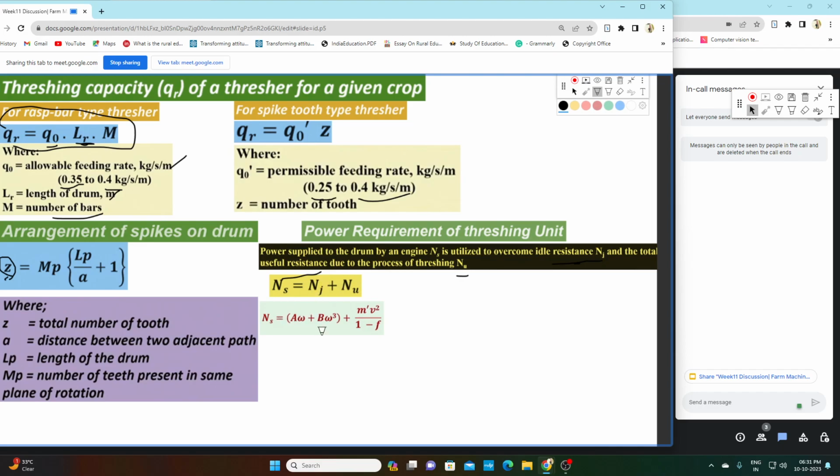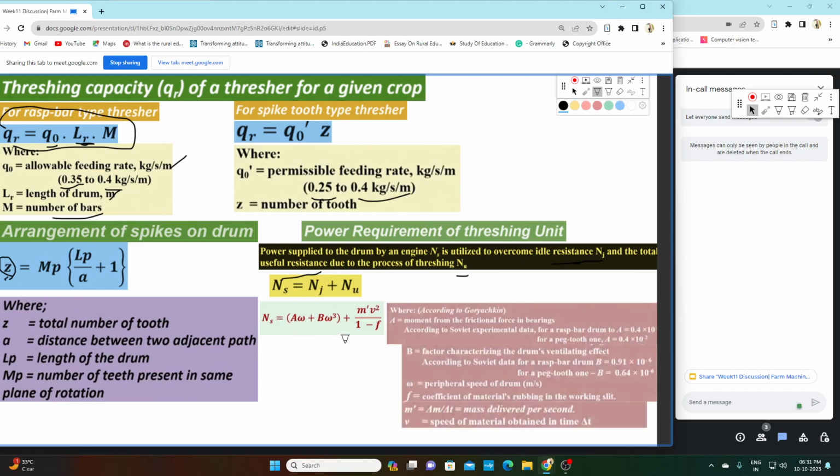The formula for Nj is A omega plus B omega Q plus A omega Q plus B omega Q. For Nu, the formula is m dash V square divided by 1 minus F. So what is this A? A is the moment from the friction force in bearing.